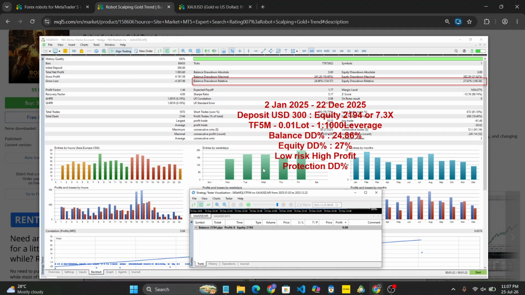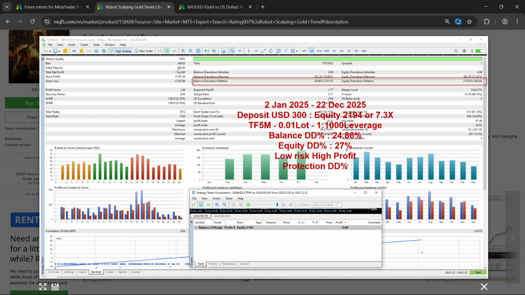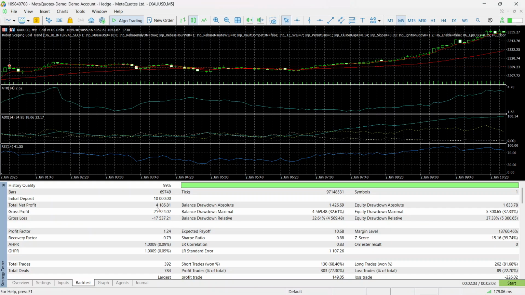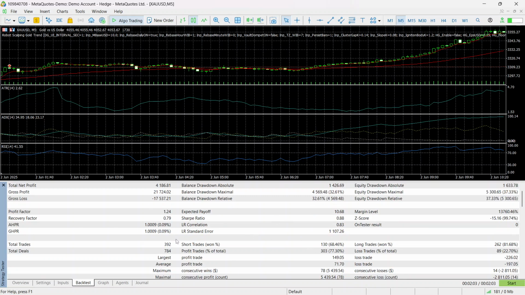Now ours is not as exaggerated as theirs, with an initial deposit of 300 giving a net profit of 1,890. Ours came down to 4,000, not double our initial deposit, just 40% or 41%. Overall win rate was roughly 77%.